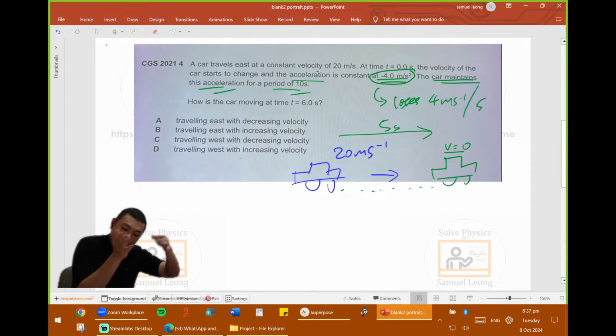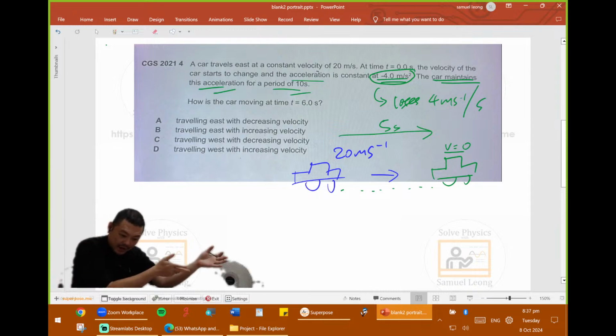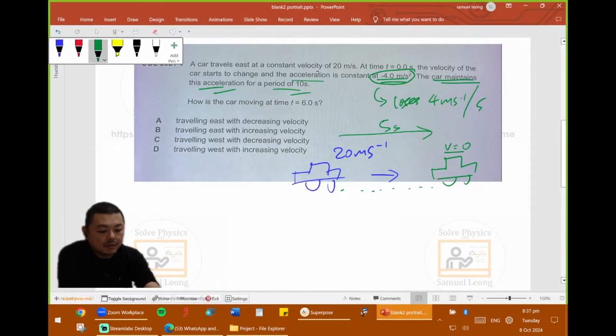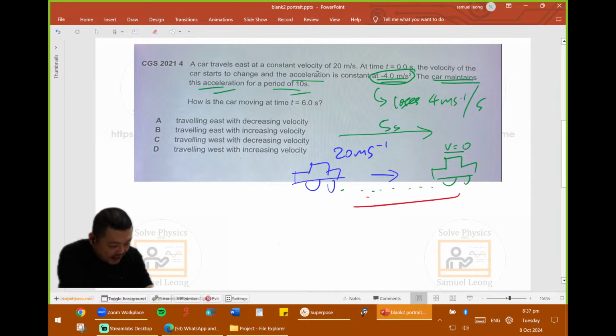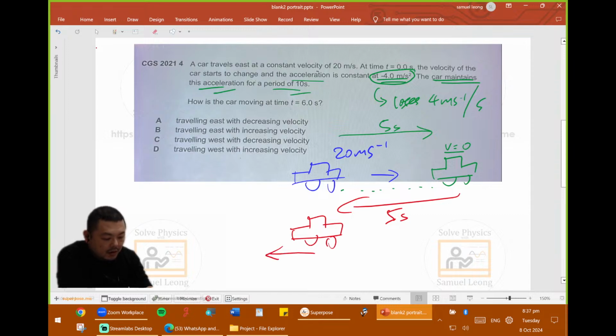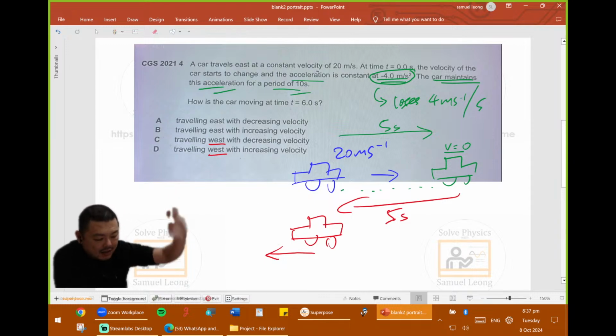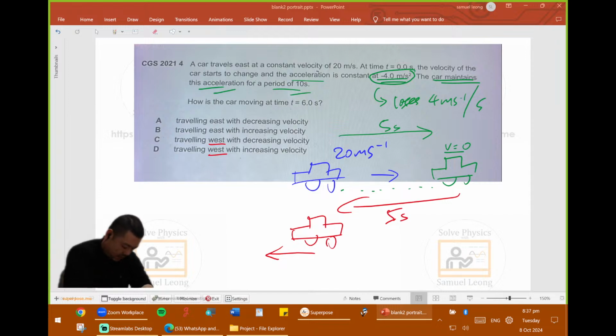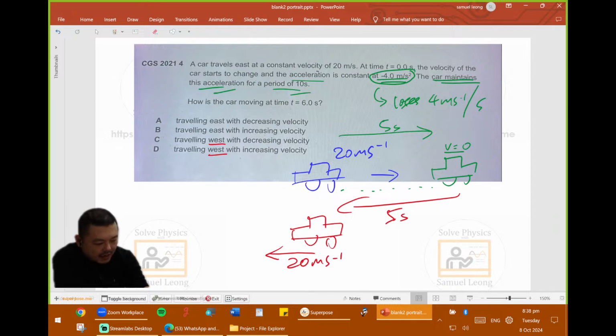If you want it to change direction, it needs to stop first, then it can reverse. So in the next 5 seconds, it will now move backwards, and therefore at the end of the 10 seconds, where is it headed, and how much is the speed now? Good, 20 meters per second, right? You know that it's been going backwards.